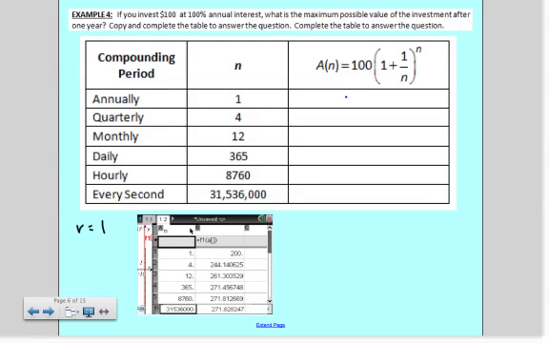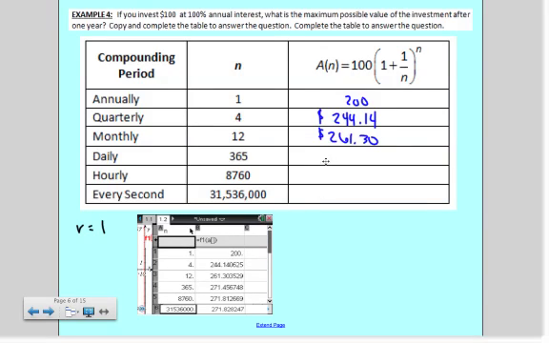So annually, I would get $200. That makes sense because in 1 year, I'm going to double my money. If I compound it quarterly, then I would have $244.14. If I compound it monthly, so that's 12 times a year, I would have $261.30.